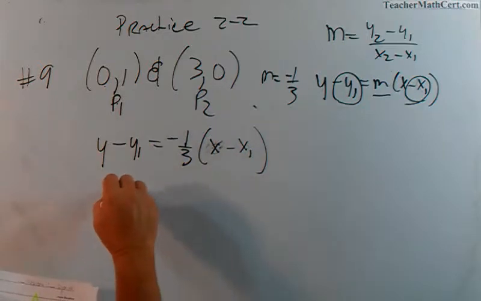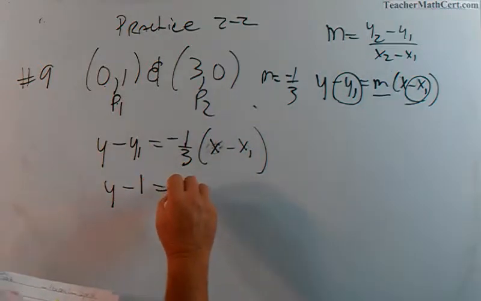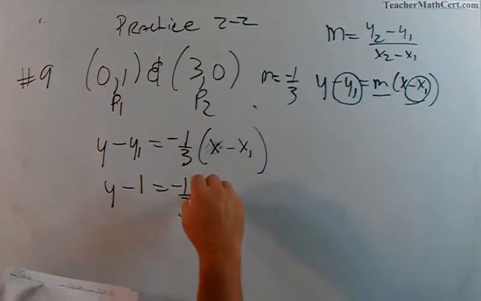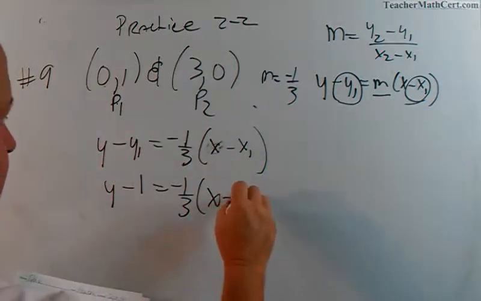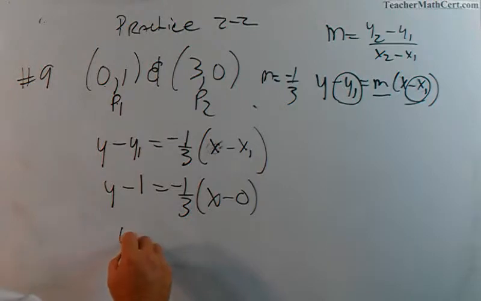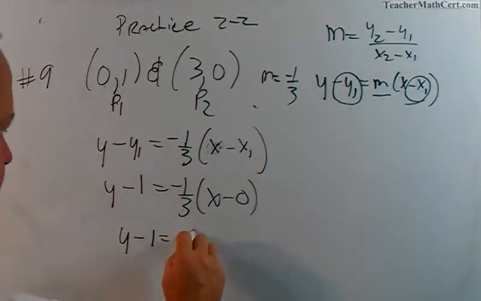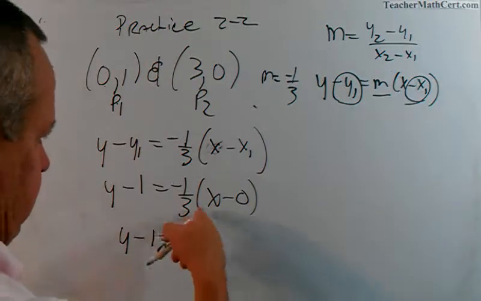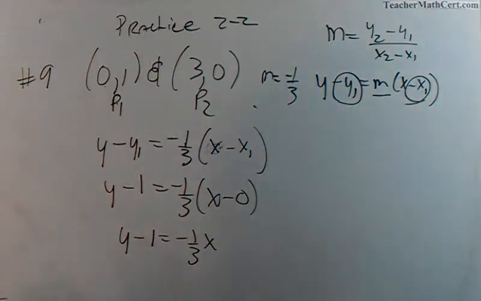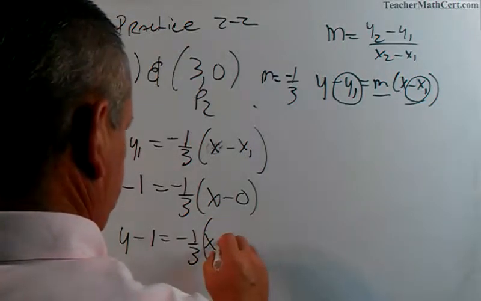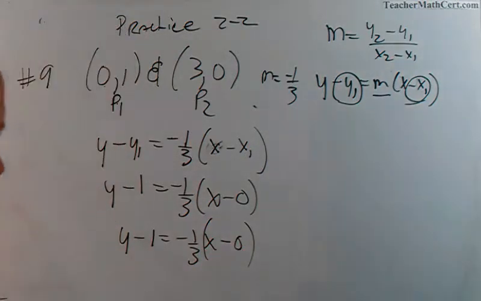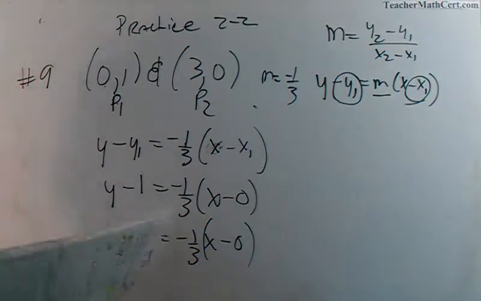So it's going to be y minus 1 is equal to negative 1/3 times x minus 0. So y minus 1 is equal to negative 1/3 x, right? Negative 1/3 times 0 goes to nothing. So that is the point slope form.